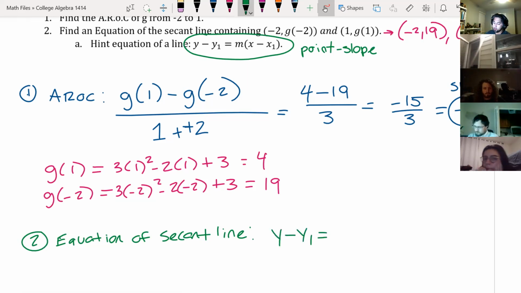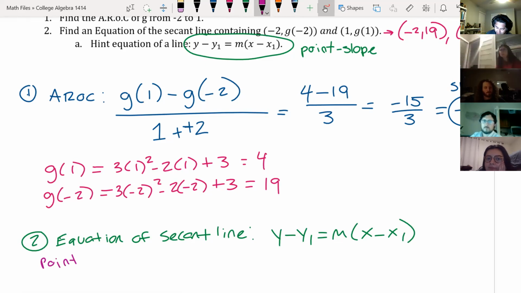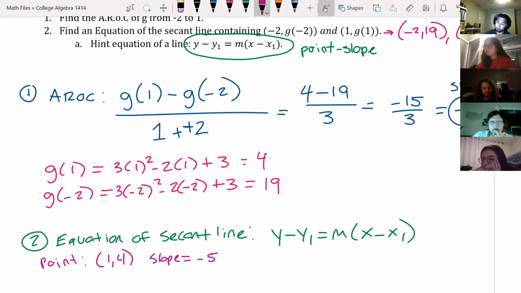y minus y1 equals m times x minus x1. And what point do you want to use? -2, 19, or 1 and 4? 1 and 4, good. And we know our slope is -5. So I finish off this formula: y minus 4 equals my slope of -5 times x minus 1.